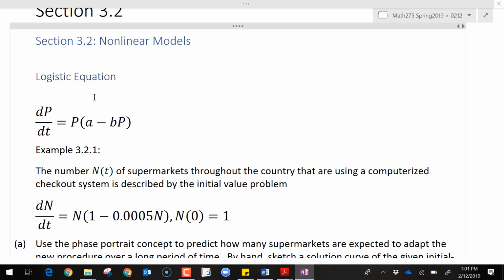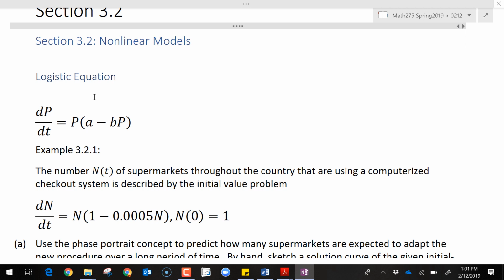We can take a look at a population in a country also. A population in a country can keep growing exponentially, but at some point it has to reach a limit. And so the whole idea of exponential growth might make sense in the beginning, but in the long run, it's not going to make sense anymore.